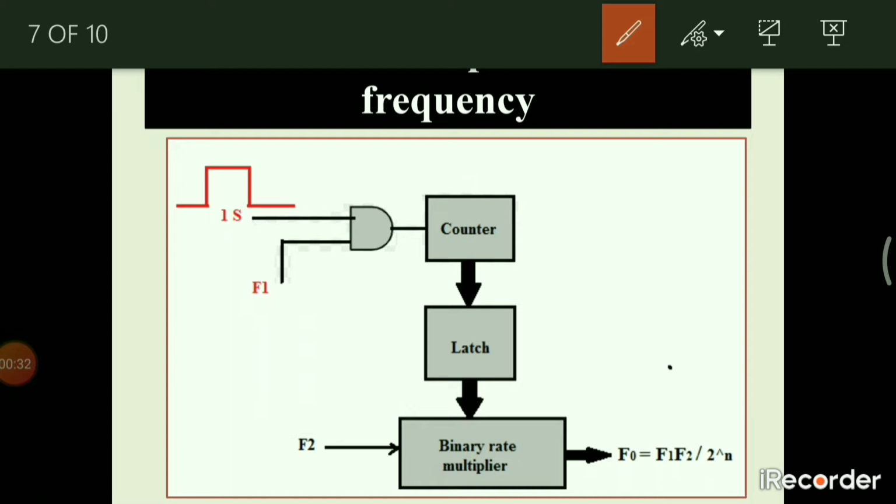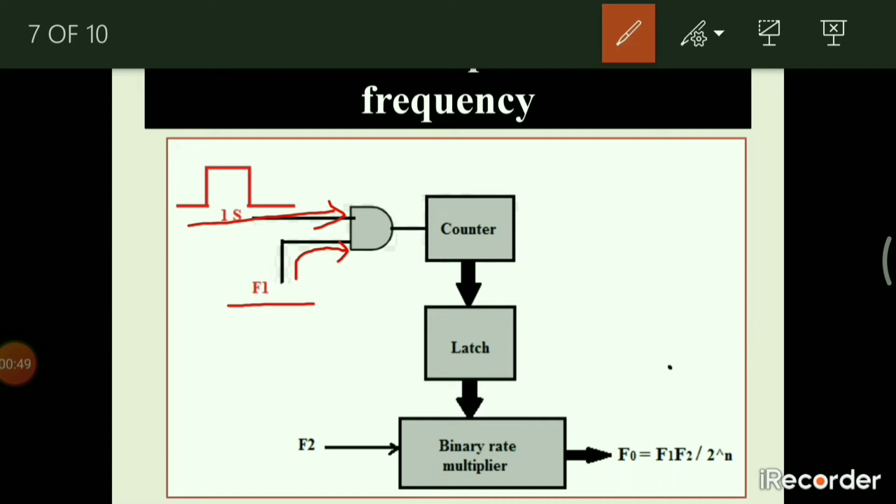Let's say one frequency signal with frequency f1 is given to one terminal of the AND gate. The second terminal of the AND gate is a reference signal of 1 second time period.